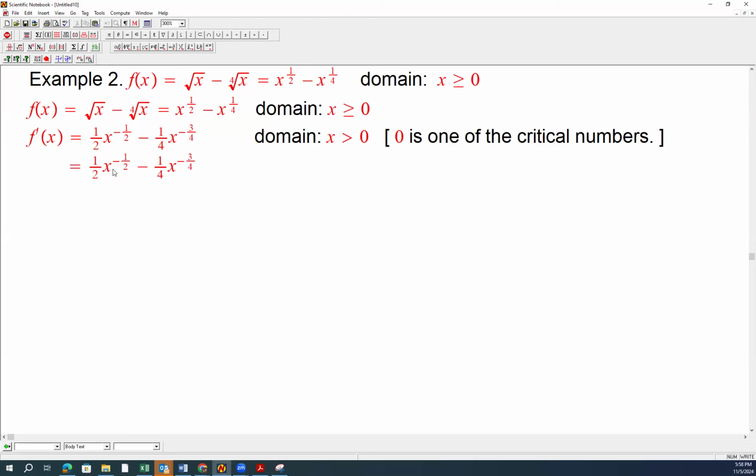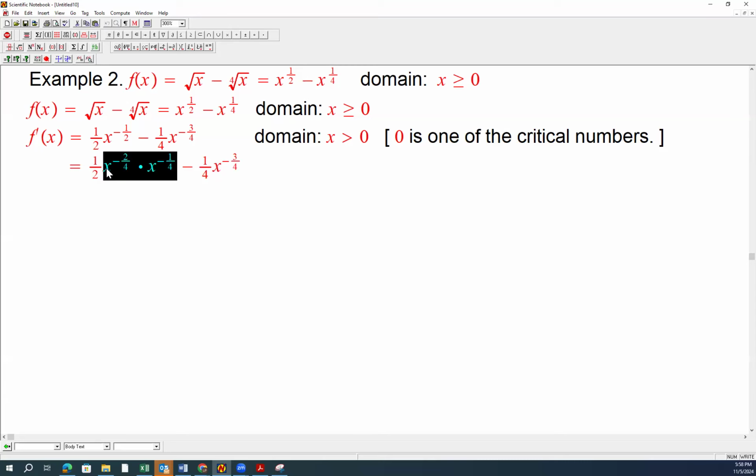But in this part, we don't have it, right? So how do we create one? There are a couple ways we can create it. For example, here you can see this as 4 under 2. So we just need to multiply x raised to the power of negative 1/4, right?